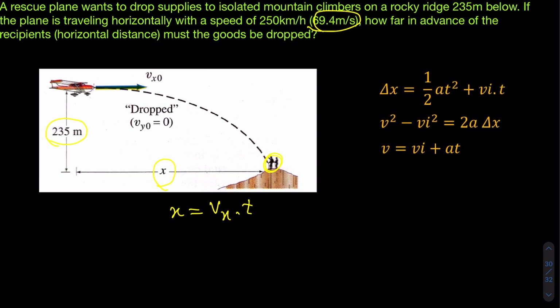So if the horizontal velocity here is 69.4 meters per second, at the end also the horizontal velocity will be 69.4 meters per second. That means when the supplies land, they will also have the horizontal velocity component.